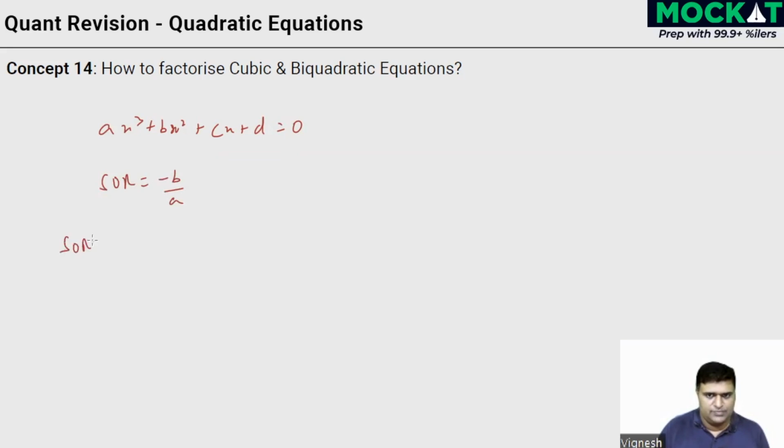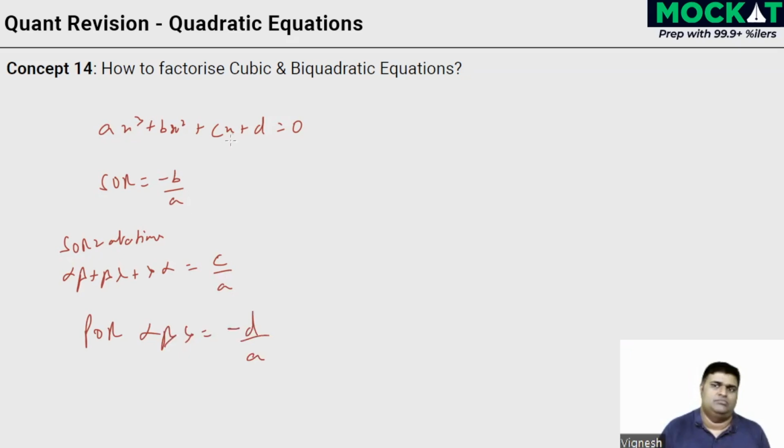Sum of roots 2 at a time, alpha beta plus beta gamma plus gamma alpha, right? Forget the sign, equals c by a. It's going to alternate. And product of roots, which is alpha, beta, and gamma, is going to be minus d by a over here. All right. Sum of roots is always minus b by a.